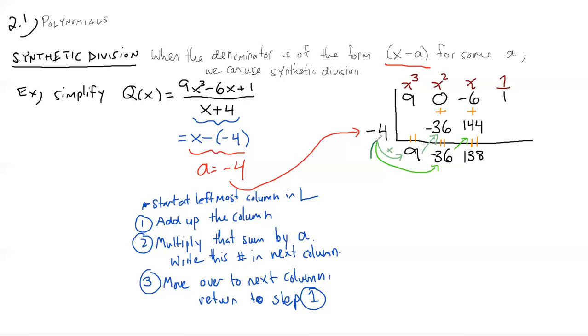So the last one is going to be multiplying the negative 4 by 138. What should I get? 400, 120, and then 32. Let's go with that. So that should be 552 and negative.